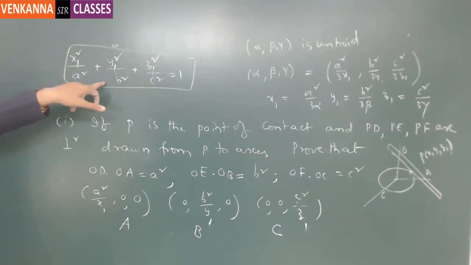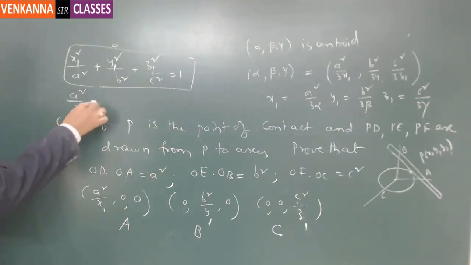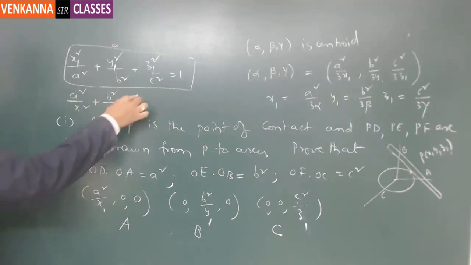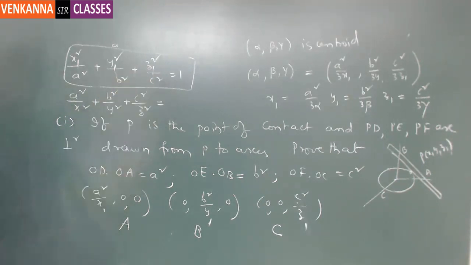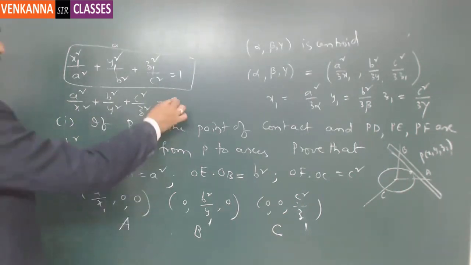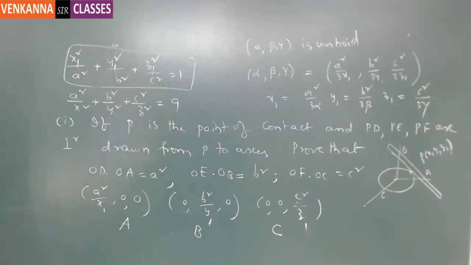So if you substitute here, you will get the locus, equals 9. That is the locus satisfied by alpha, beta, gamma. I am substituting x1, y1, z1 in this equation.